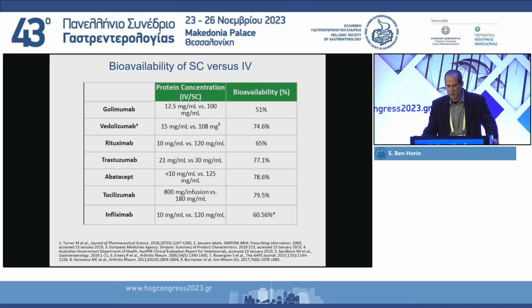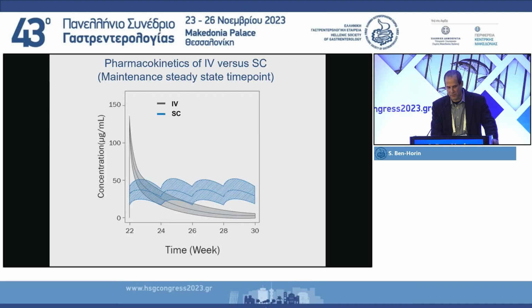So what about bioavailability? If you look across different antibodies available as both IV and sub-Q formulations, the bioavailability is generally around 50 to 70% of what would be achieved with an IV. Naturally, IV bioavailability is 100%. That's the standard of measurement. So you can see for the different compounds, it's around 50 to 75% bioavailability.